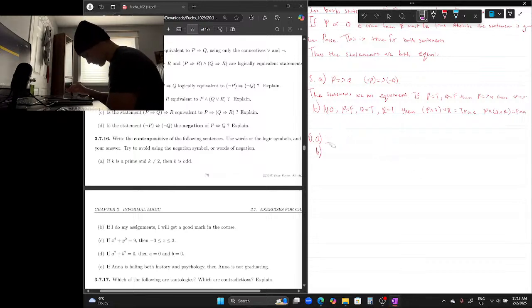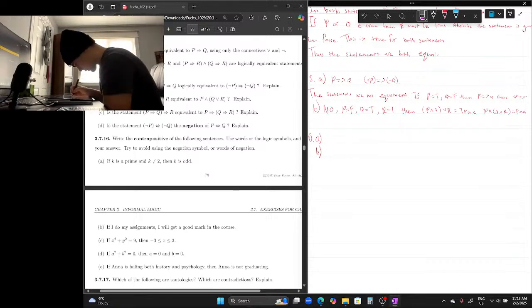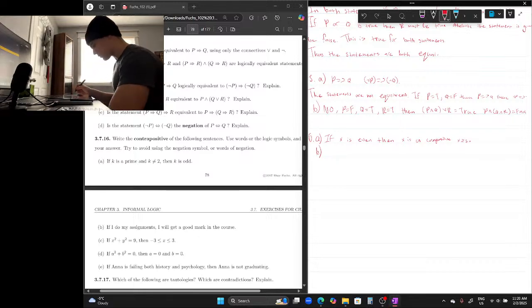So if x is even, then x is prime or x is composite, for x greater than or equal to 2. So the opposite of being prime is being composite.